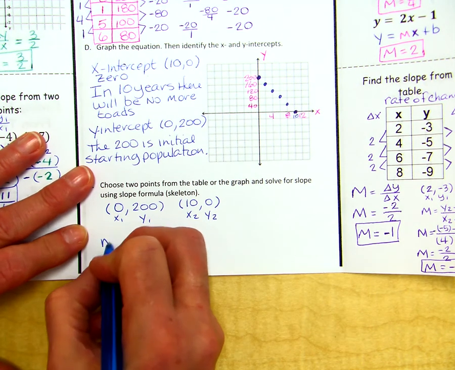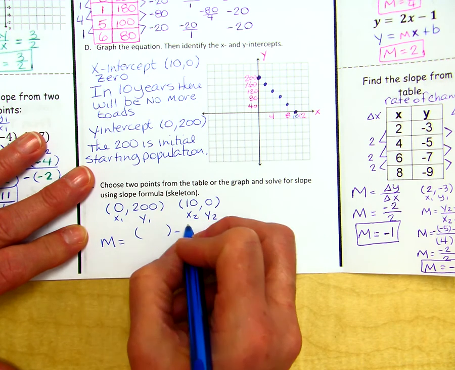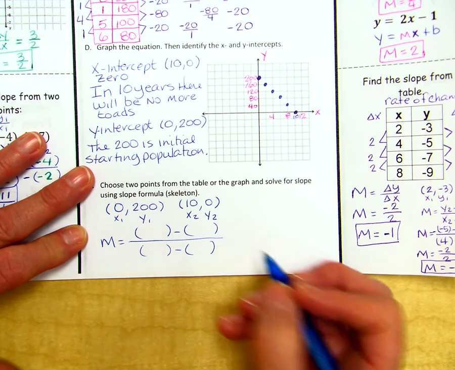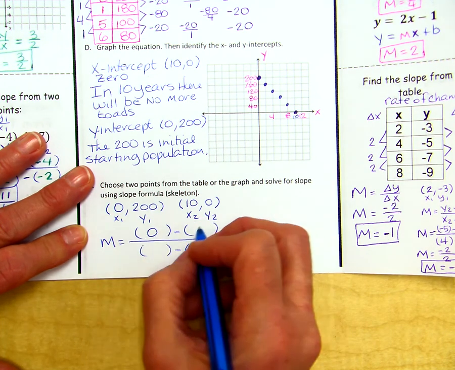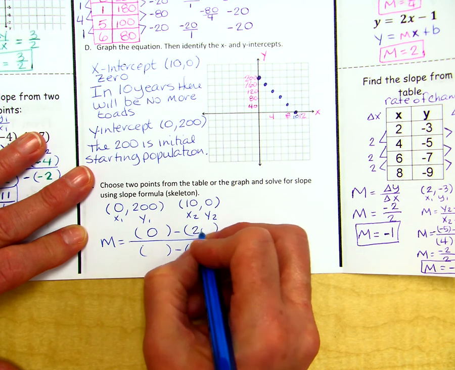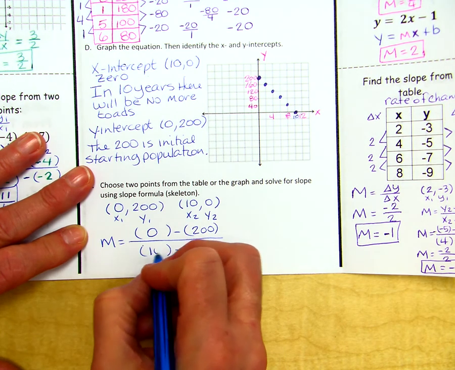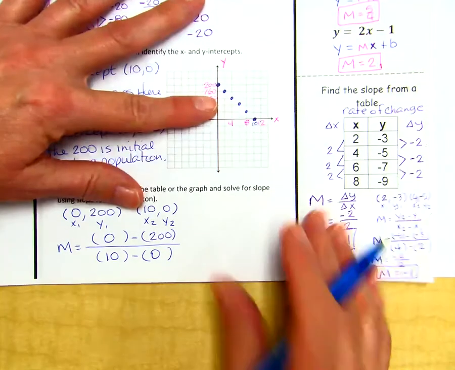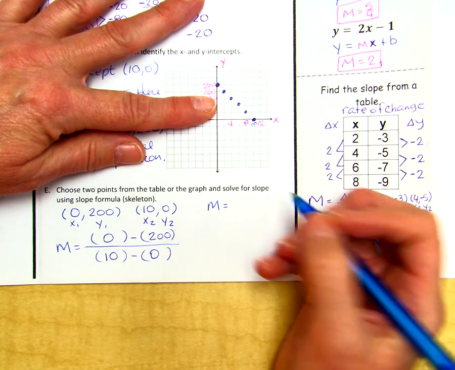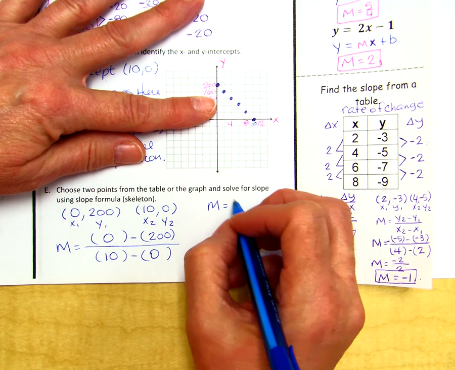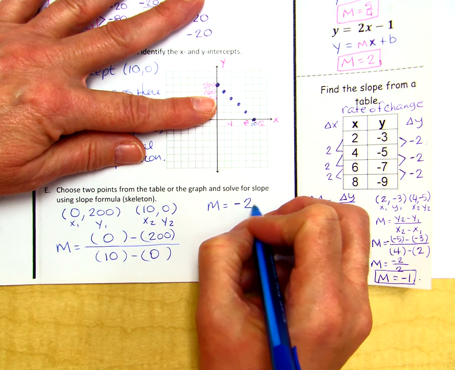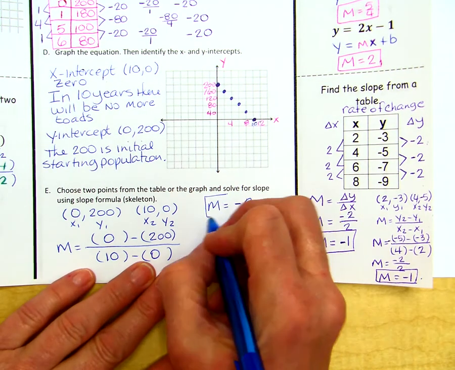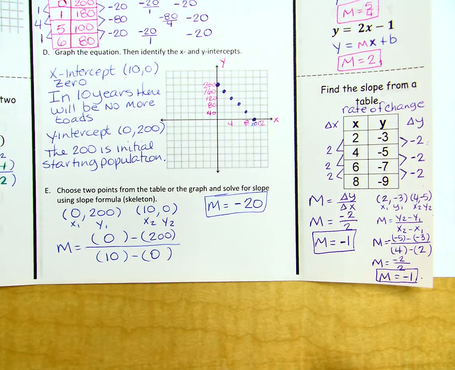Remember, we have our slope skeleton that we need to build. And y sub 2 is 0, y sub 1 is 200, x sub 2 is 10, x sub 1 is 0. So this will give us a slope of negative 200 over 10, which will then reduce to negative 20. This is when a calculator definitely will come in handy. So our slope ended up being negative 20.